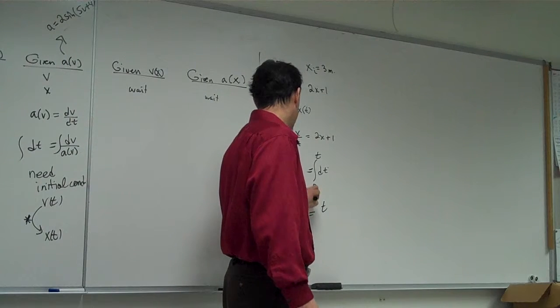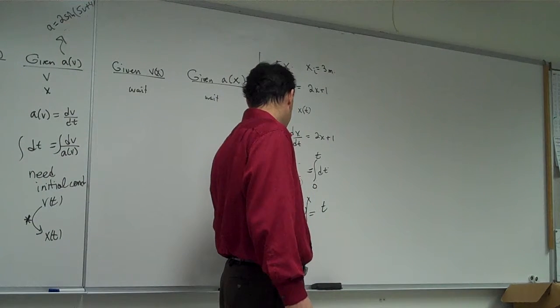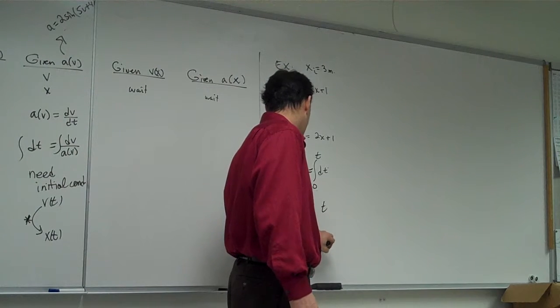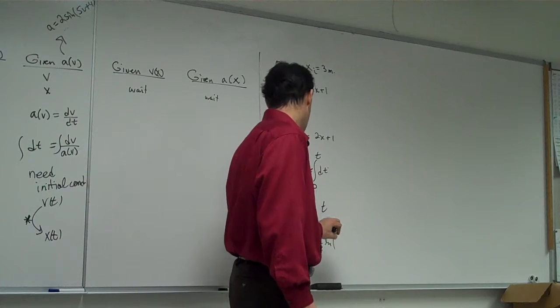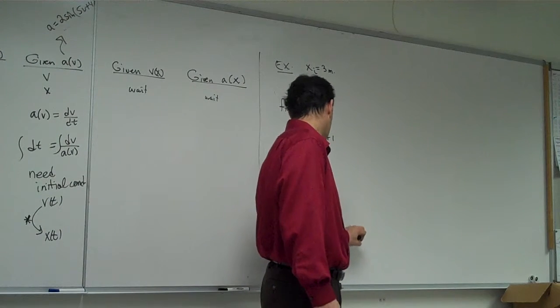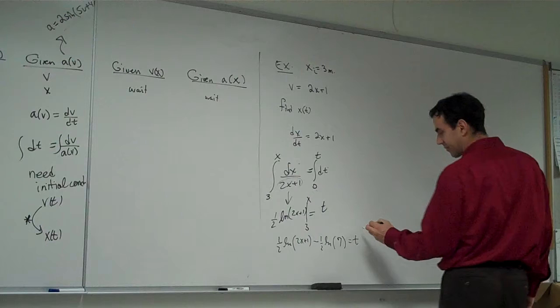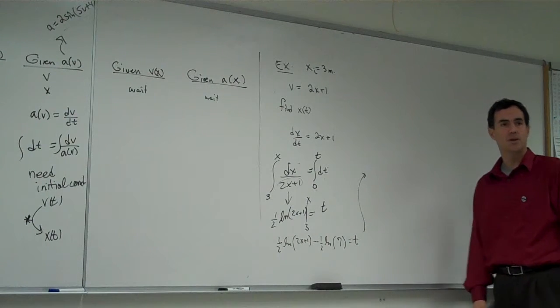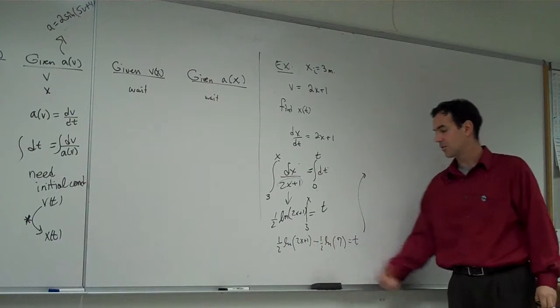I'm going from 3 to x, so I get 1/2 natural log of 2x plus 1 minus 1/2 natural log of 7 equals t, which gives me, now I'm just going to do some algebra to rearrange. I'm going to combine the two natural logs.